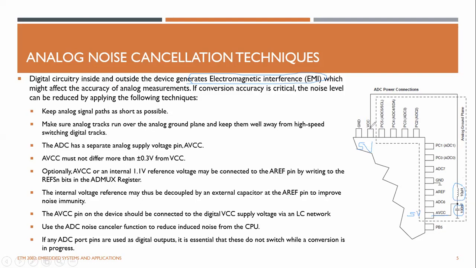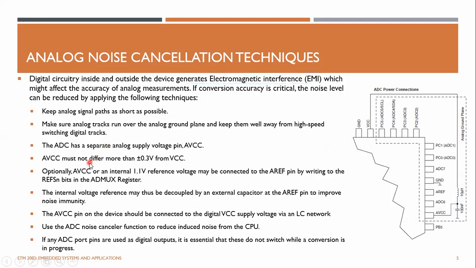So you can connect this VCC supply using an RC filter, like a ferrite bead and a simple ceramic capacitor, so that will eliminate any noise from the digital signals appearing in your ADC, right? That's a very good practice when you're designing prototypes.